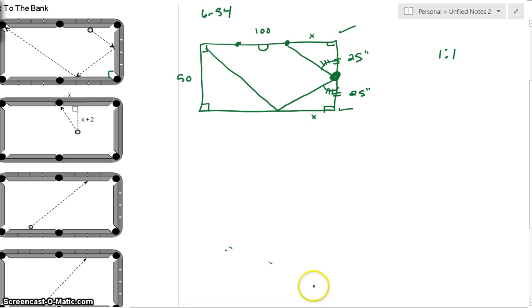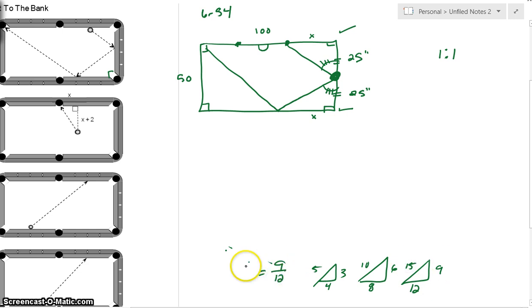So just like the example we looked at in class, where the 3, 4, 5 doubles to the 6, 8, 10, triples to the 9, 12, 15. 9 is to 12 in exactly the same way that 6 is to 8, in exactly the same way that 3 is to 4.